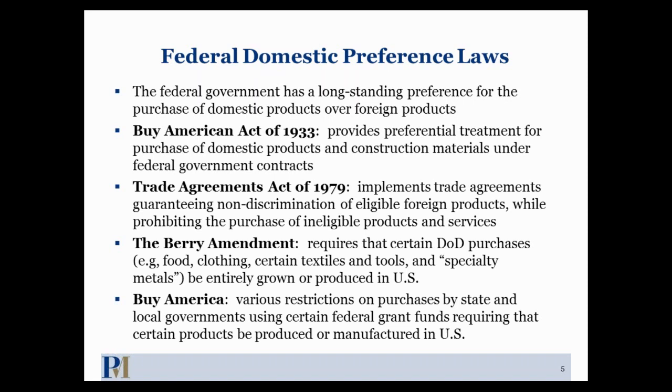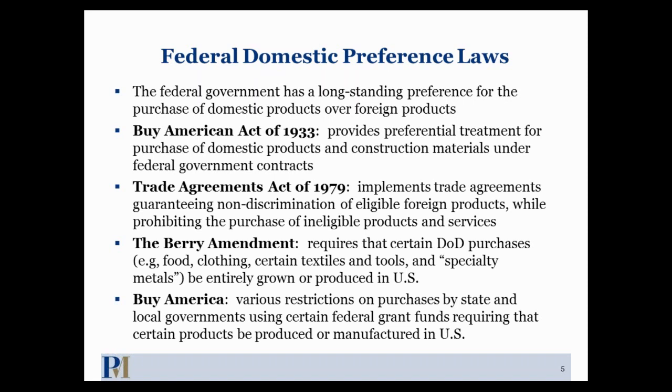And then Buy America, which is often confused with the Buy American Act, is often referred to as the Buy America Act, but it's really not a single statute or a program. It refers to a set of domestic content restrictions that are attached to federal funds provided to states and local governments, generally covering transportation projects using DOT funding.